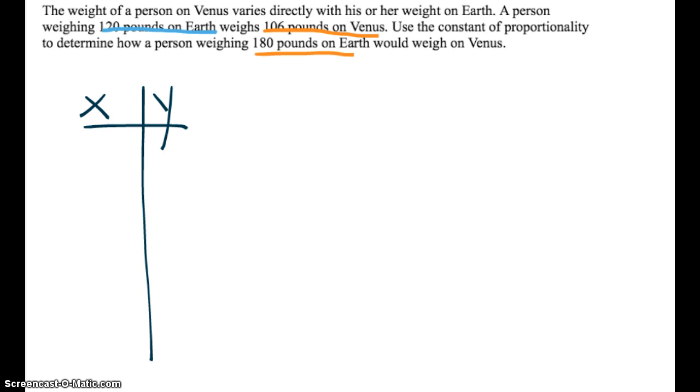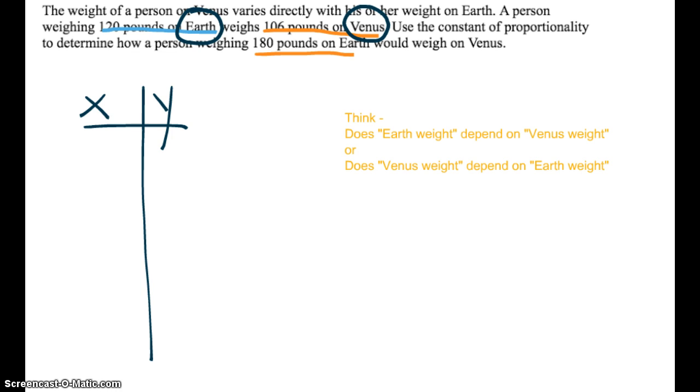Now, in this situation, we have how much somebody weighs on Earth, and we have how much somebody weighs on Venus. So to determine which is the X and the Y, we need to think, does the Earth weight depend on your Venus weight, or does your Venus weight depend on the Earth weight?